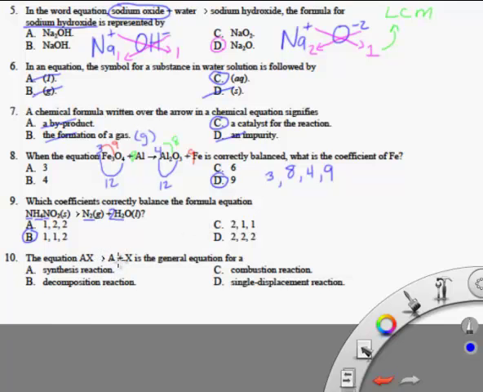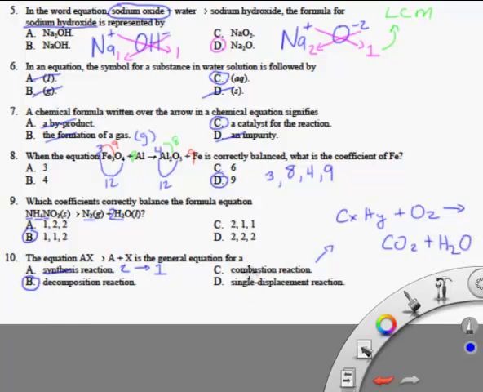The equation AX yields A plus X is a general form for a decomposition, not a synthesis. In synthesis, you will have 2 things turning into 1, synthesizing together. Decomposition reaction, indeed. 1 compound breaks down into 2 or more simpler substances. Combustion reaction, no. A combustion reaction has a general form of CxHy plus O2 yields CO2 and water.